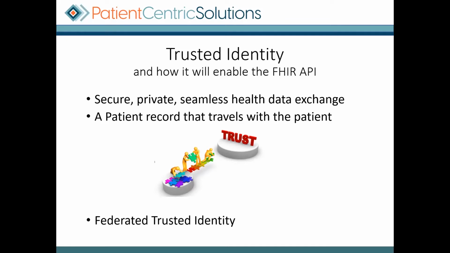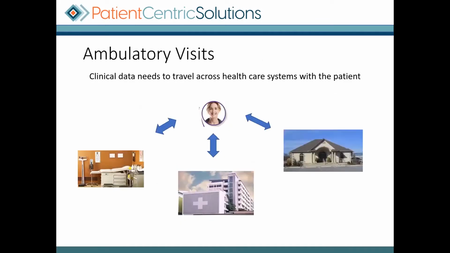So a critical building block is federated trusted identity, and that's what we're going to be discussing, how we can enable that today. Even relatively healthy patients need to see providers across different healthcare facilities. Too often, it's not easy to have access to the medical record at a new point of care.